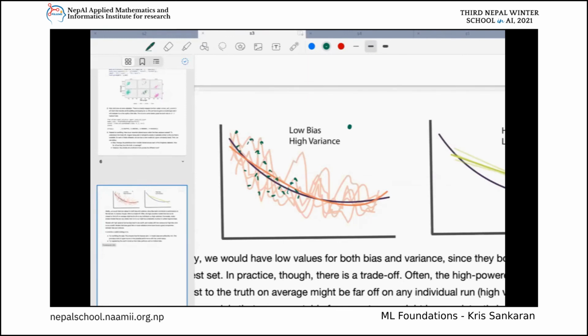So even though on average, if you averaged all the orange lines, the average is very close to the truth, just because they either overestimate or underestimate by the same amounts each time, on any single data set the curve is very far from the truth at many places. This is called a high variance fit, even though it's low bias on average.